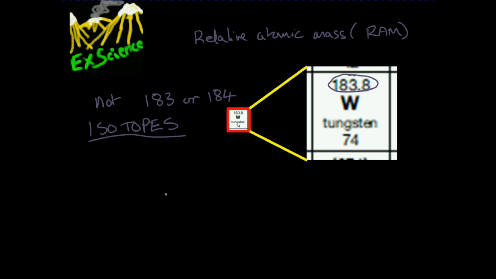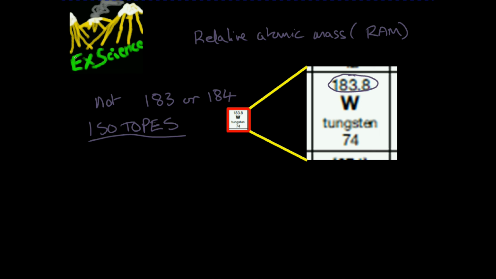Isotopes of an element are atoms with the same number of protons but a different number of neutrons. A typical sample of an element will contain mixed isotopes in particular proportions. The relative atomic mass, A, is the average mass for the mixed isotopes.